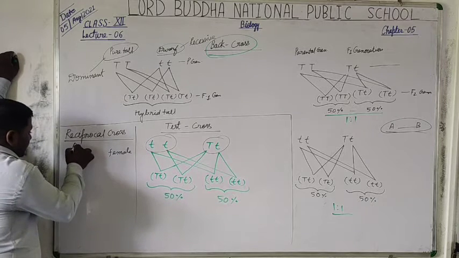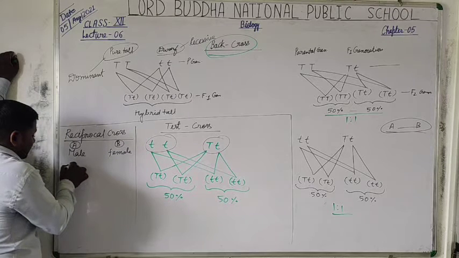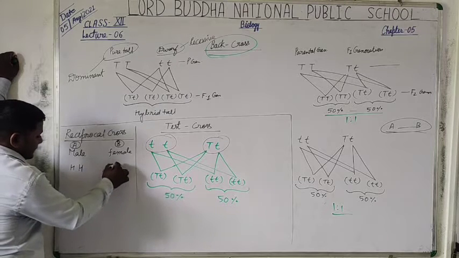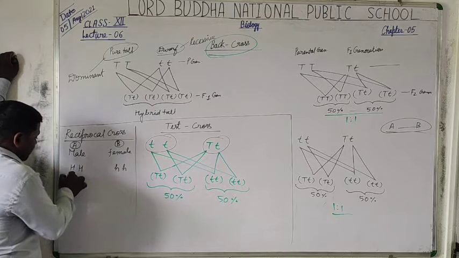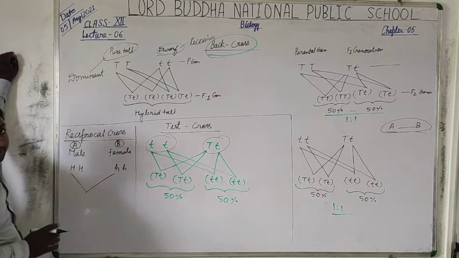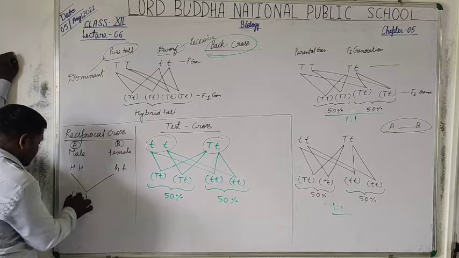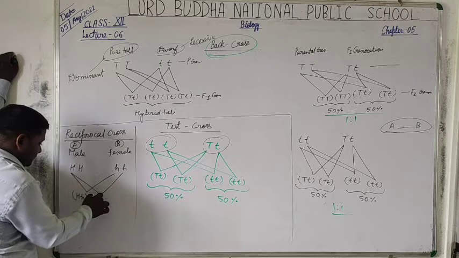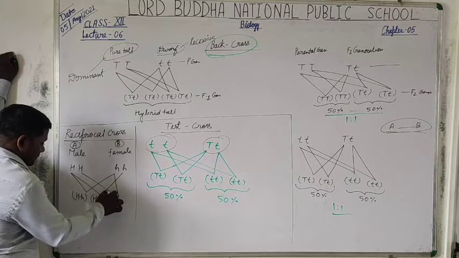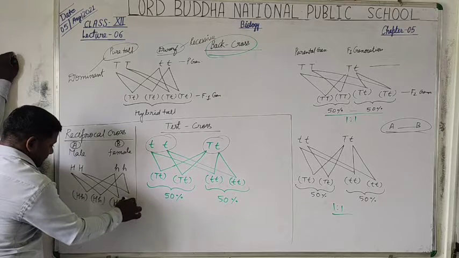For example, A is the male and B is the female. Taking their height as capital H and small h, when cross hybridization takes place between the male and female individual plants, the result obtained is capital H small h, capital H small h, capital H small h.